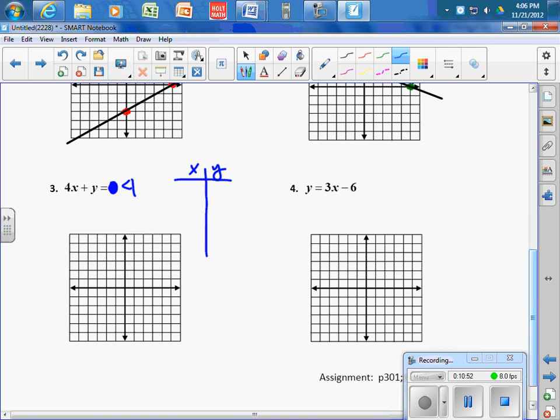So I'm going to put in a 0 for the y. Makes that term disappear. Divide both sides by 4, and x is equal to 1. What do I do next? Well, I put in a 0 for the x.